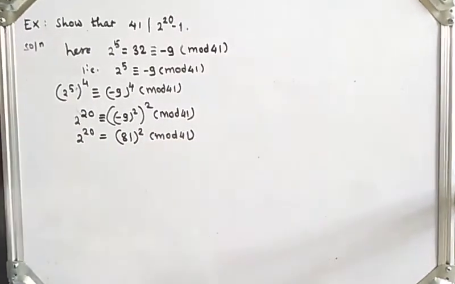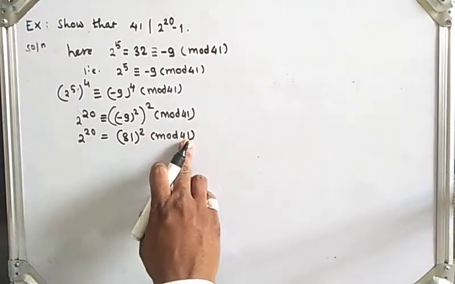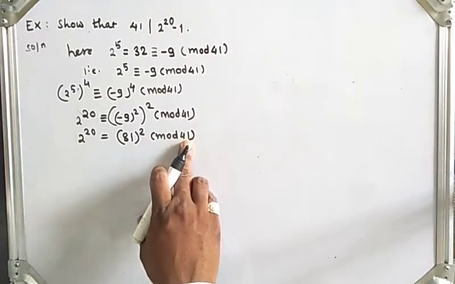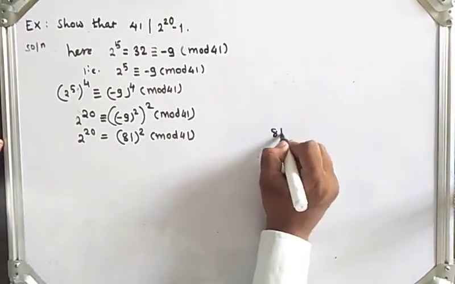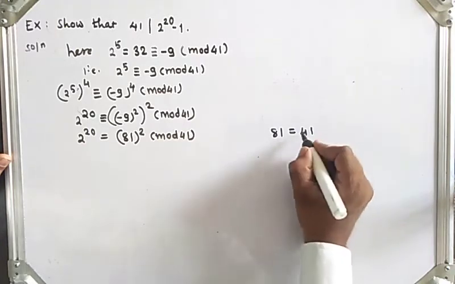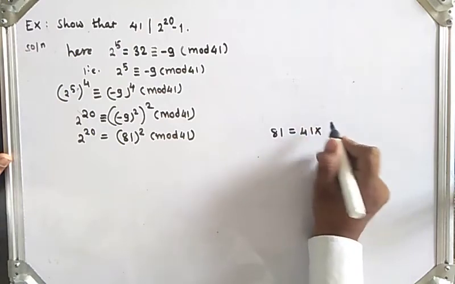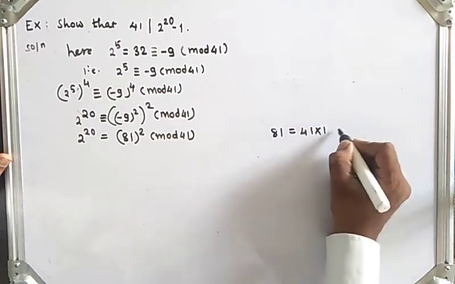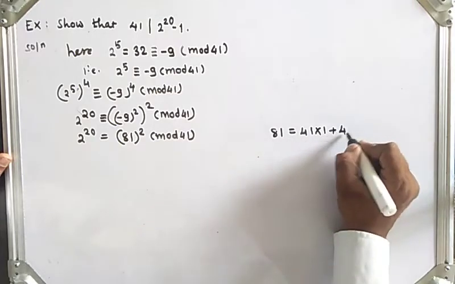Now again, if I divide 81 by 41, what will be the remainder? If I take quotient 1, then the subtraction will be 40.